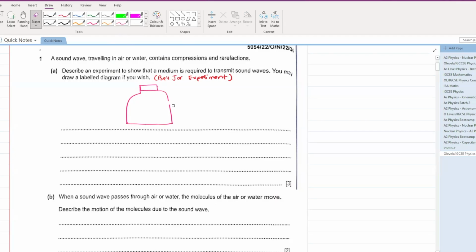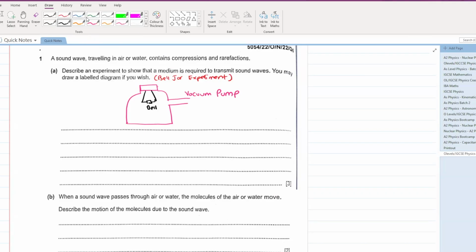And let's say you have a vacuum pump somewhere here. This is your vacuum pump, and let's label it vacuum pump. And let's say we have a bell attached to it.